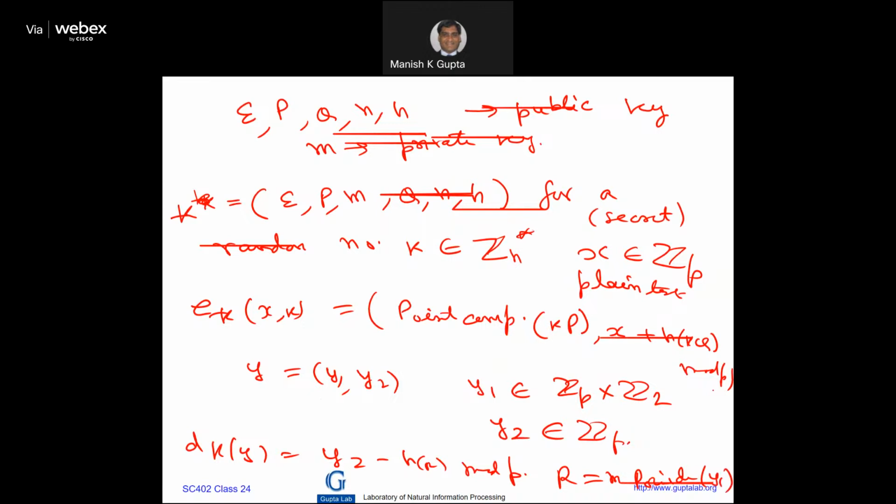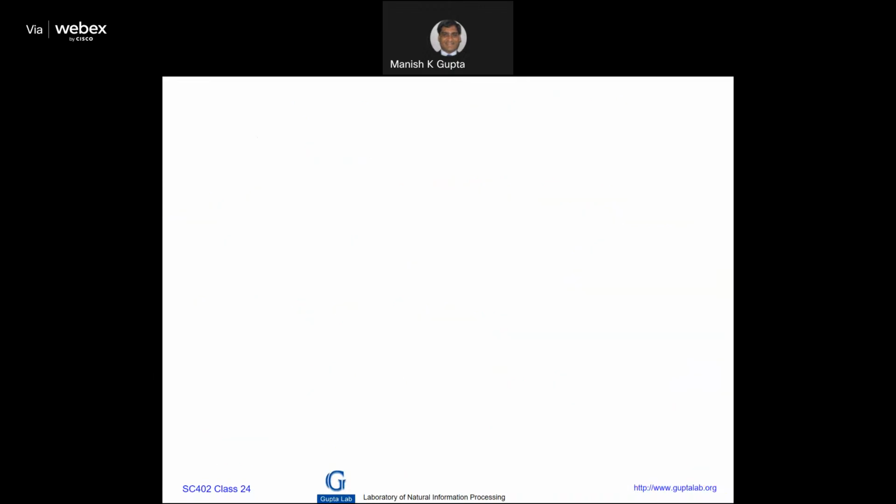So it's a bit technical here, but I think I can just do one quick example for you. Suppose the elliptic curve is y squared equals x cubed plus x plus 6 over Z_11. Point P is equal to 2 comma 7.